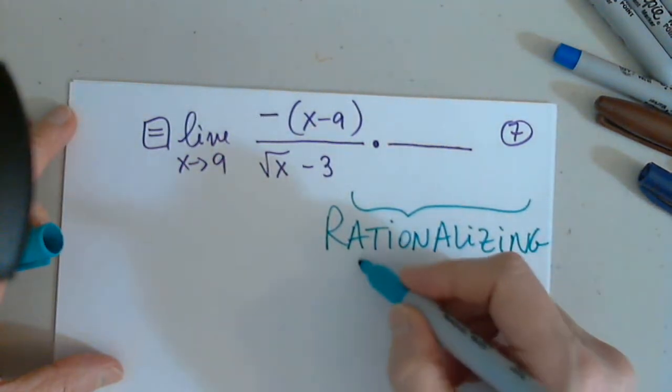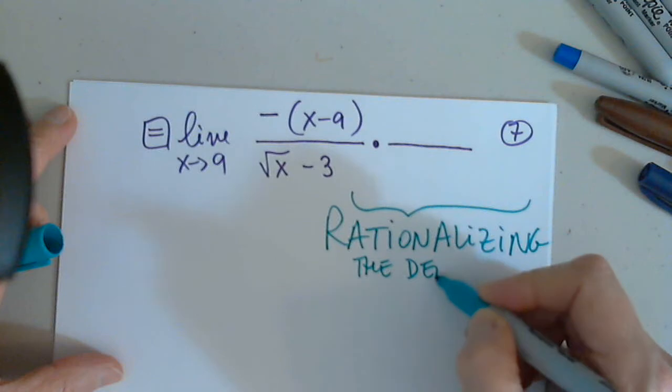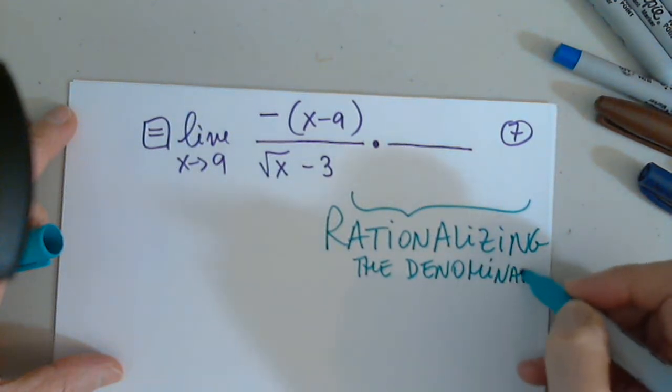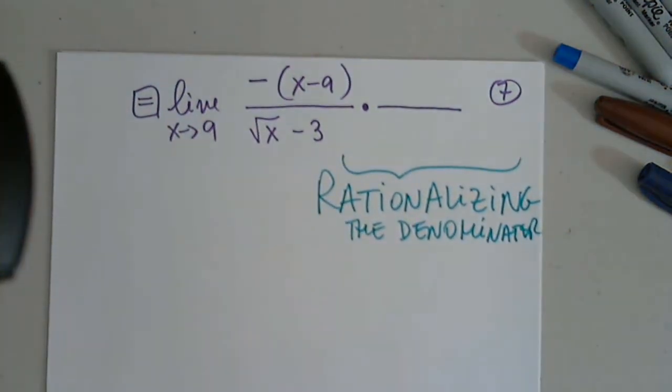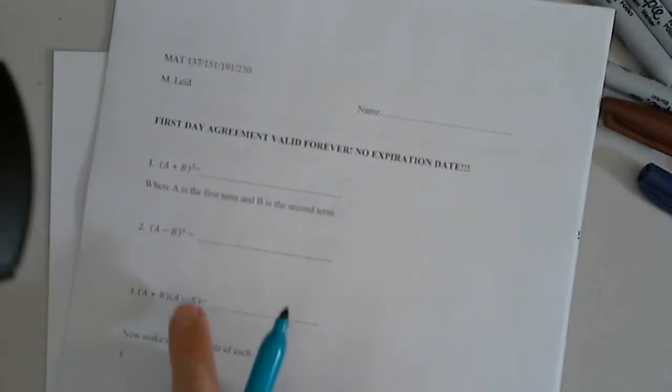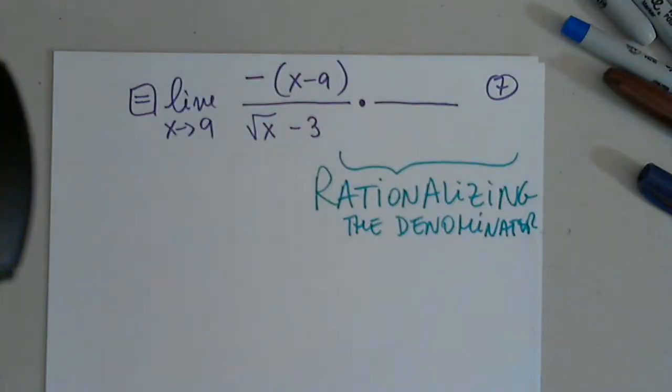Rationalizing, in this case, the denominator. And that is why we reviewed on the first day of classes, let me see if I have it handy, this, and this, and this. Good. So what do I need to multiply and divide by to make this happen? Anyone? How do we rationalize the denominator? What is the quantity we need to rationalize the denominator?